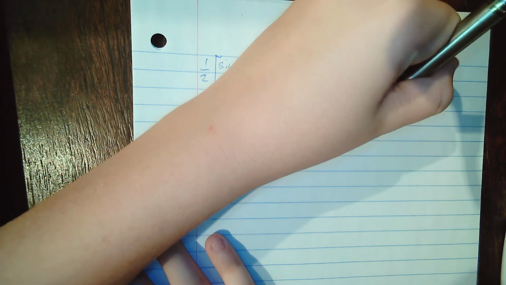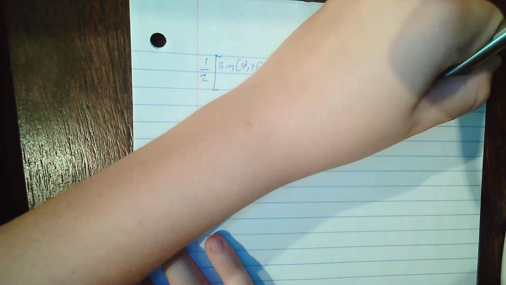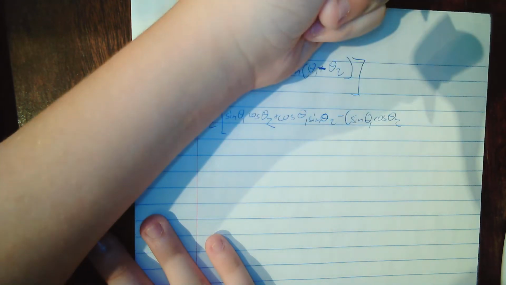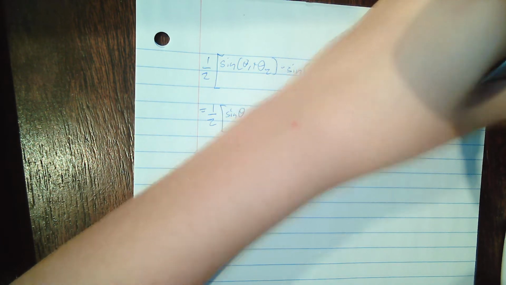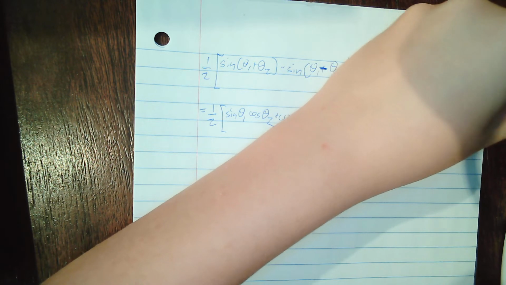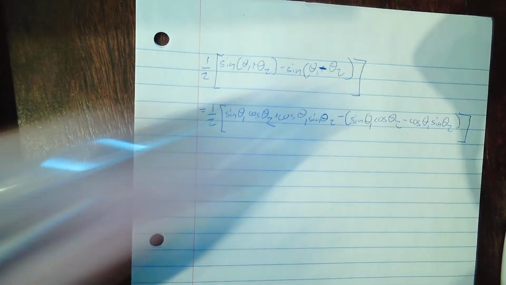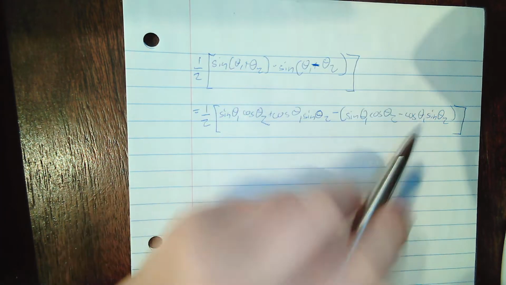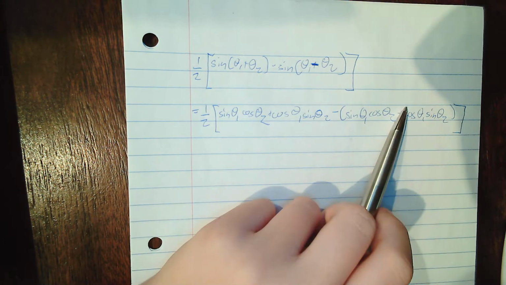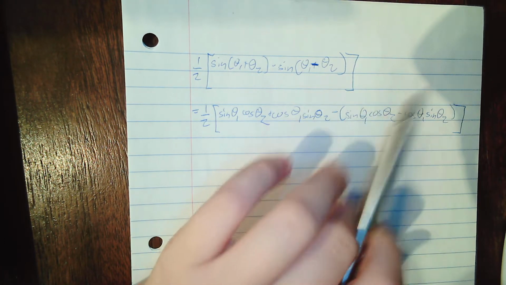parentheses sine theta 1 cosine of theta 2 minus cosine of theta 1 sine of theta 2 and then parentheses and bracket. So it's the same case as before. So these two, this is now positive and this is now negative. No, I keep getting this mixed up.